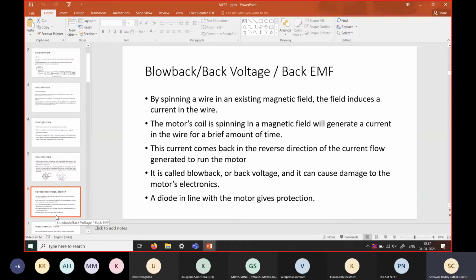Here we will also see that there is an effect called blowback or back voltage.